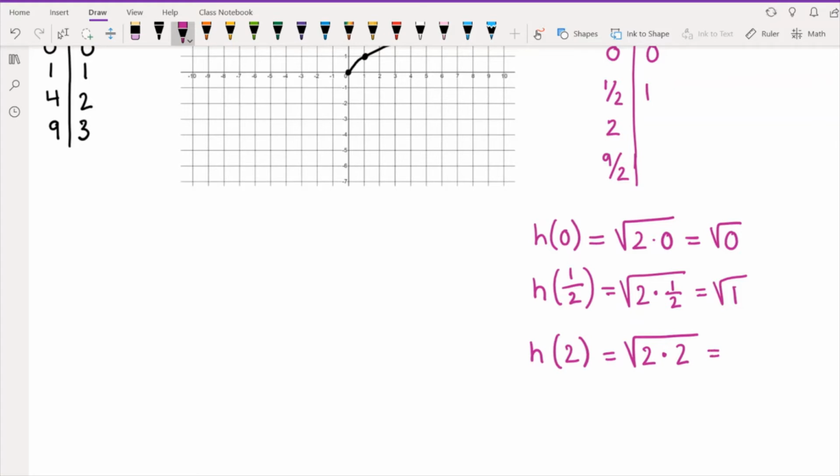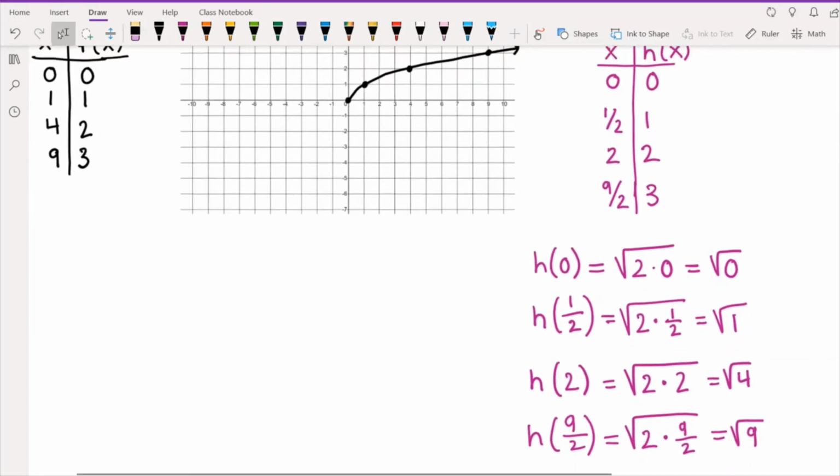And so that's the square root of 4, which we know is 2. And then last we have h of 9 over 2, which is going to be the square root of 2 times 9 over 2, which is the square root of 9, and we know that the square root of 9 is 3.